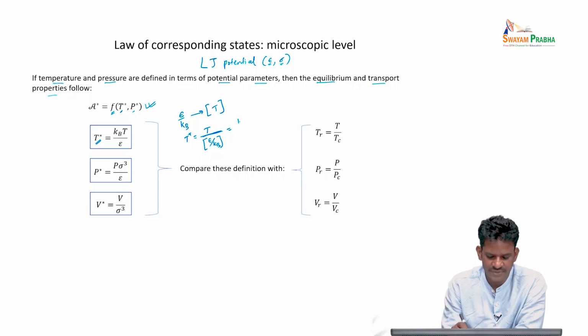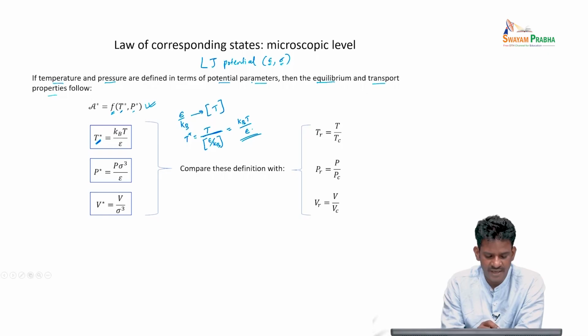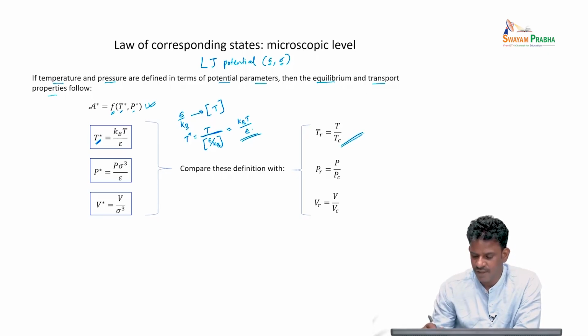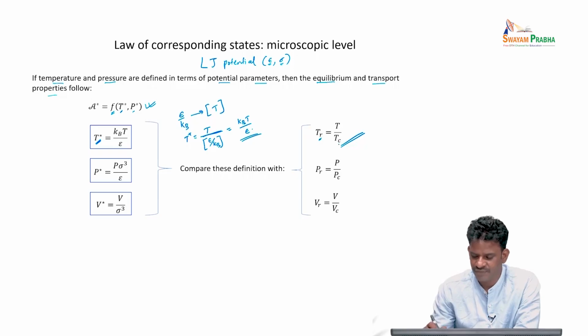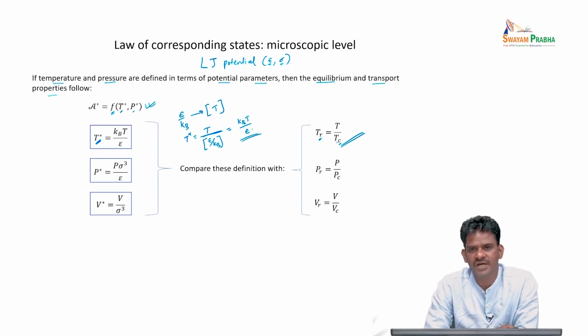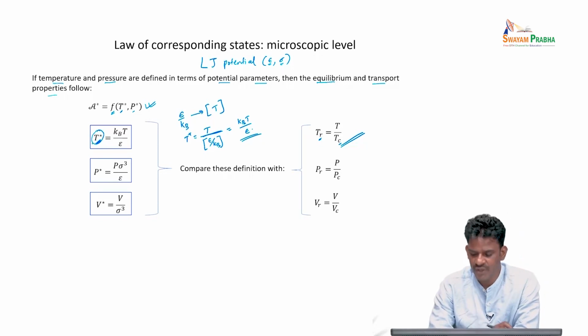So, this comes as kBT by epsilon. This is one way of defining reduced temperature using potential parameters. You may recollect that in the equation of state that I showed before, the temperature was reduced with respect to the critical temperature. Sometimes we use a star to illustrate its reduced unit, or you can also use a subscript R.